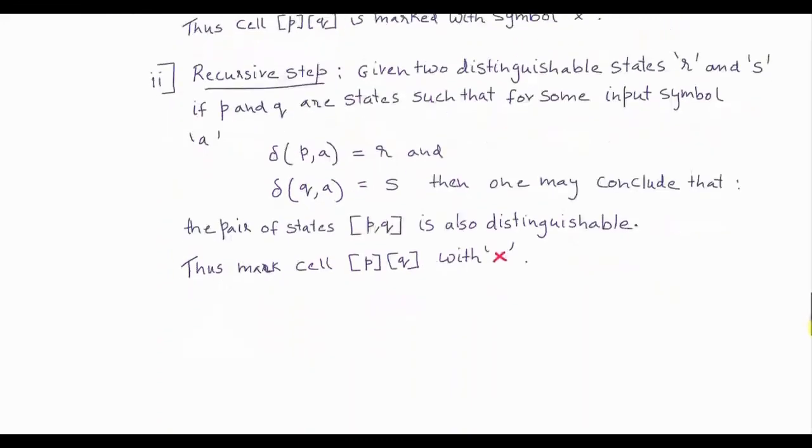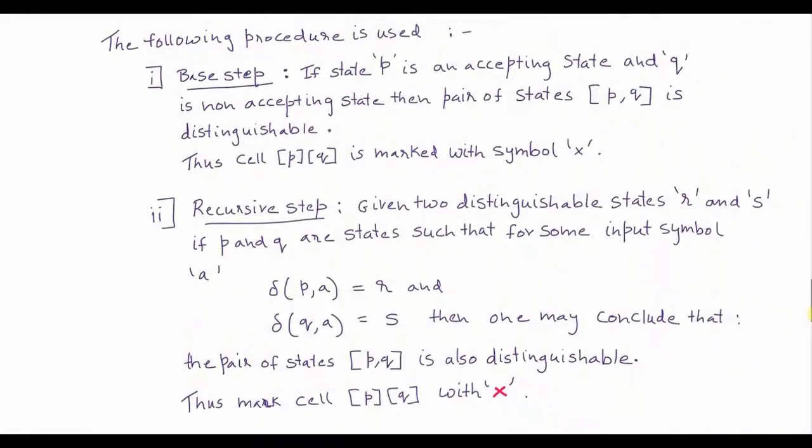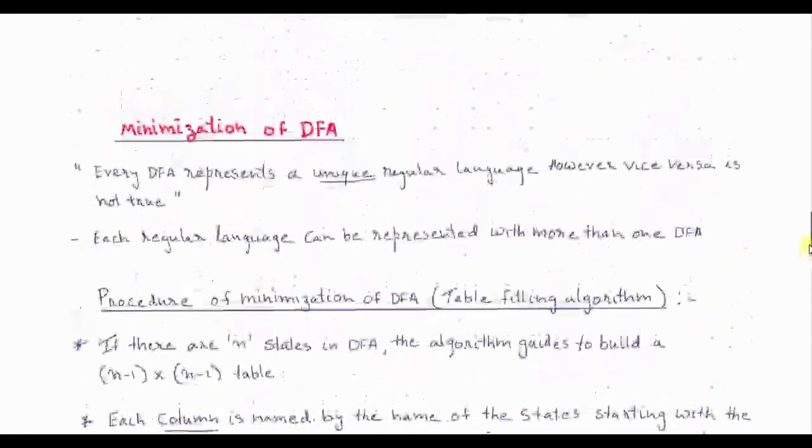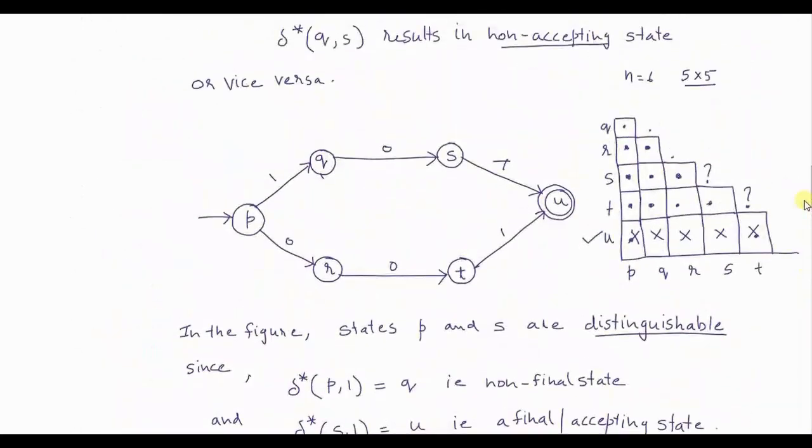And finally, once this is done, as you go on solving, you will find out that in the table most of the cells will be marked with X, and there will be some cells that remain unmarked.